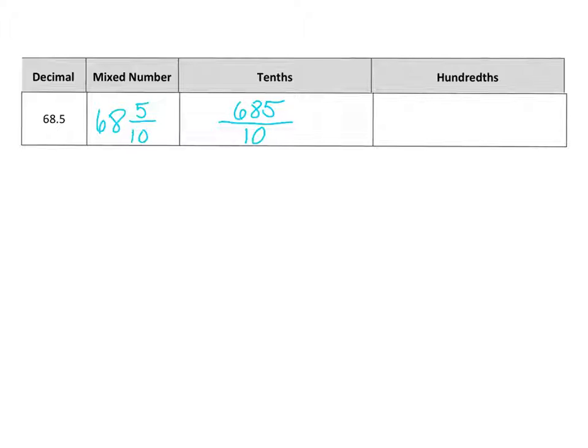Well, just like I said before, we multiply the top and the bottom by 10. And now what we're going to get, wow, look at this, 6,850 hundredths. Wow, that's a big one, right? So this is how we're basically doing it, dividing by 10, multiplying by 10 as we're moving back and forth.